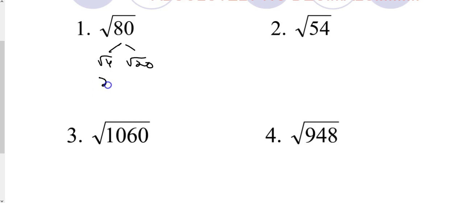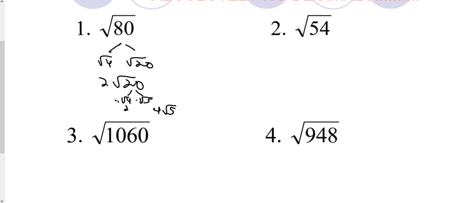Yes, 4 goes in, and a lot of times people leave it like this. But that's not the answer. Because 20 also has a 4 in it. And this comes out as a 2 times that 2. So what we end up with is 4 radical 5.